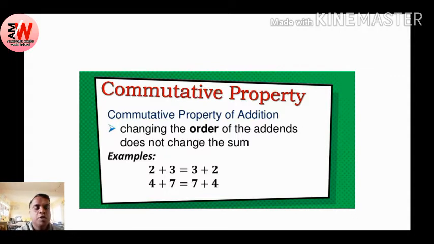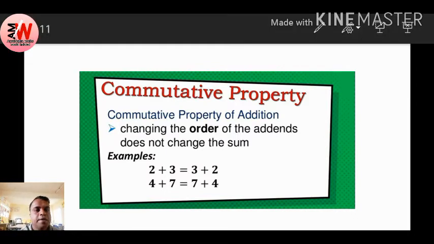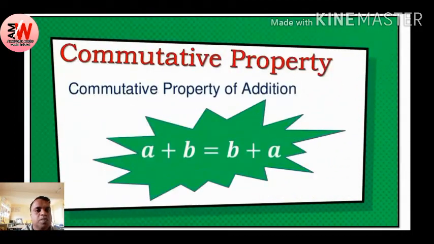This is called the commutative property for addition. The formula for the commutative property for addition is a plus b equals b plus a.